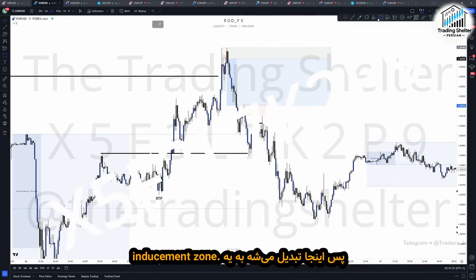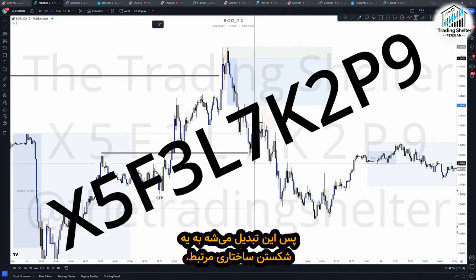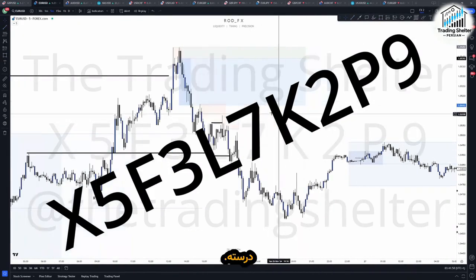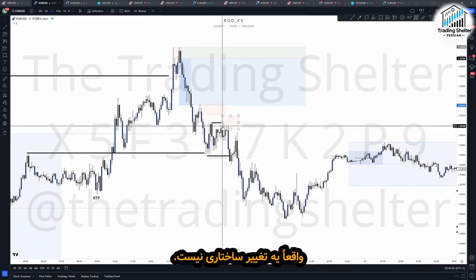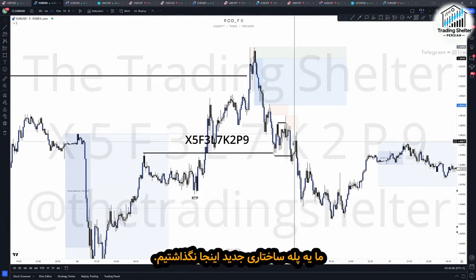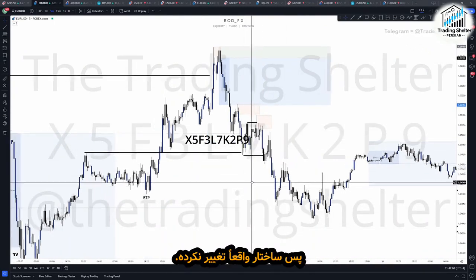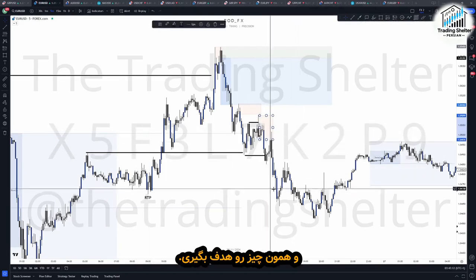So this becomes an inducement zone. This becomes a relevant break of structure, right? Because we created an enticement high. It's not really a structural shift because we haven't made a new structural low here. So the structure hasn't really switched. And then you can enter in this zone and target the same thing.